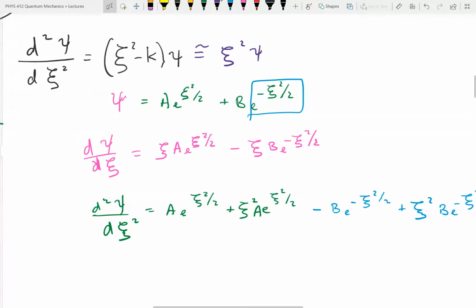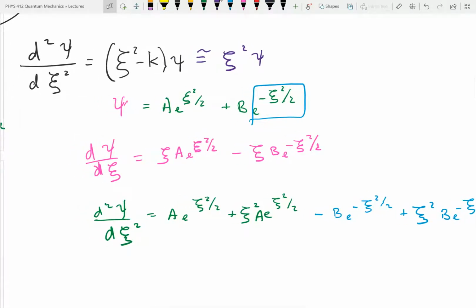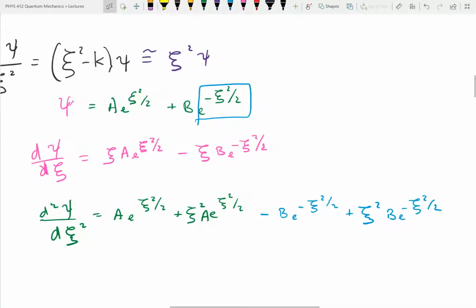So now, is that a solution to our Schrodinger equation there? And somehow I feel bad about my answer. Oh, yes.